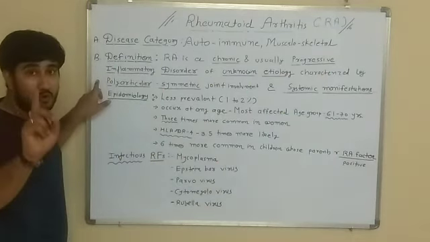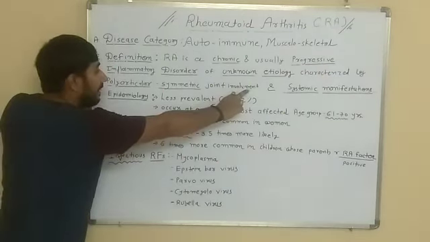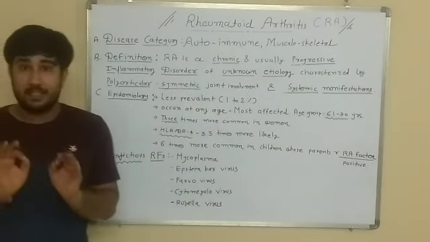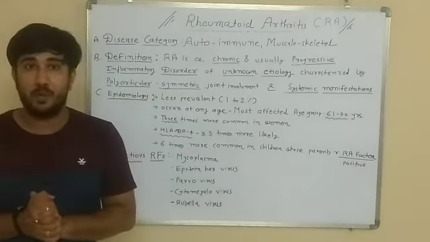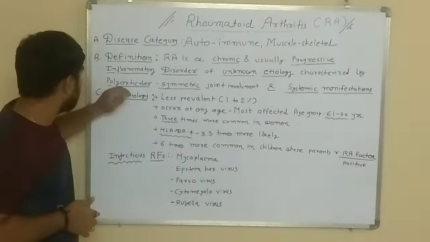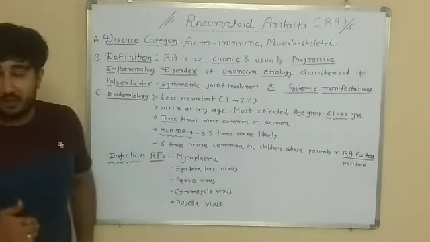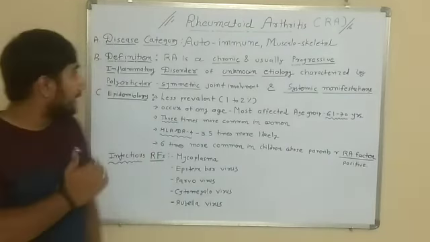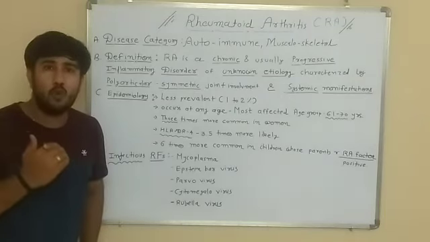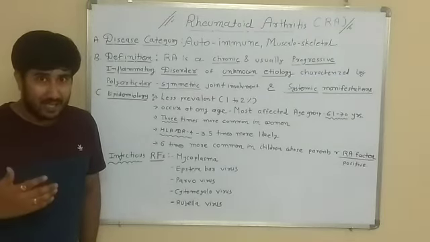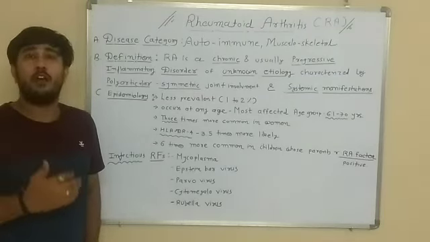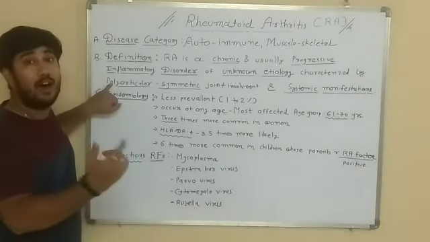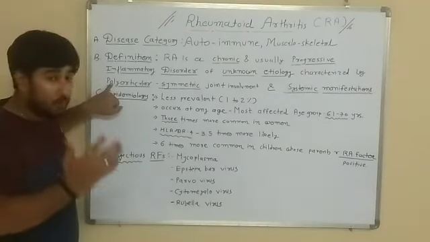Dear students, don't forget this particular line: polyarticular symmetric joint involvement. This is the classical feature of rheumatoid arthritis. What is the first word? Polyarticular. We know the articular system is the joint system, and in the case of rheumatoid arthritis, at least 4 to 5, not less than that, more than 4 to 5 joints are involved, and that is why we write the word polyarticular, many joint involvement.